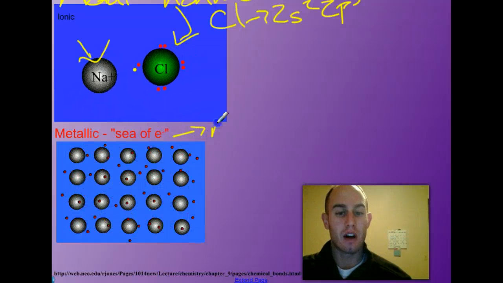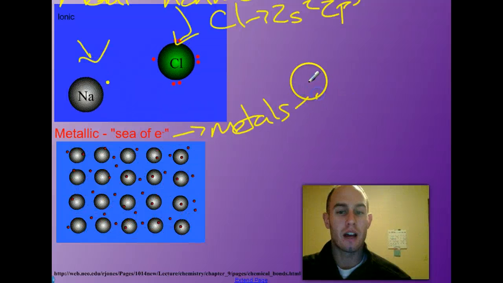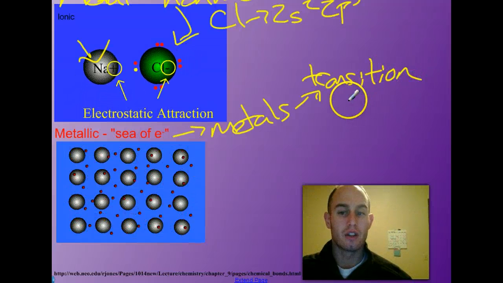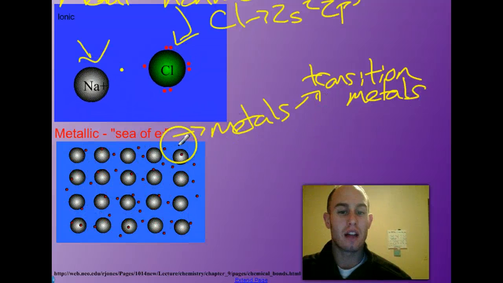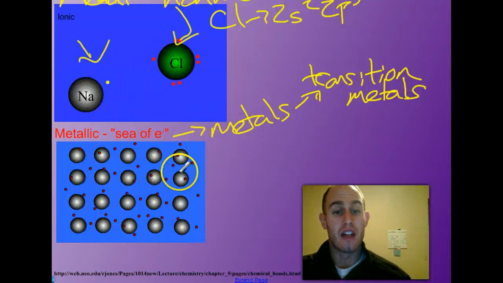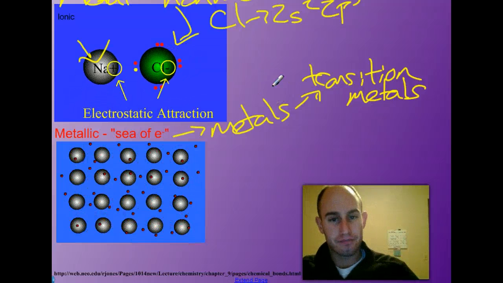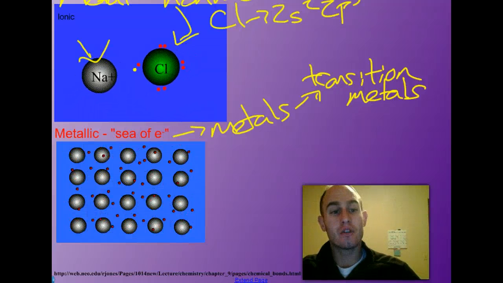Metallic bonds, of course, involve metals, and most of the time they're going to be dealing with our transition metals that we learned about. Most of the metallic bonding occurs within those transition metals, in that sea of electrons.